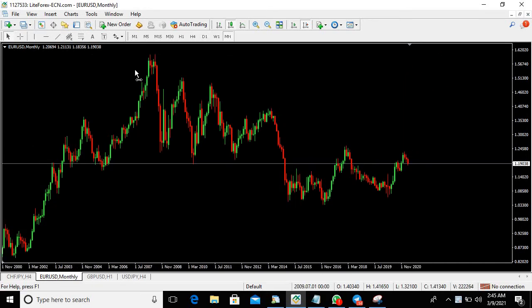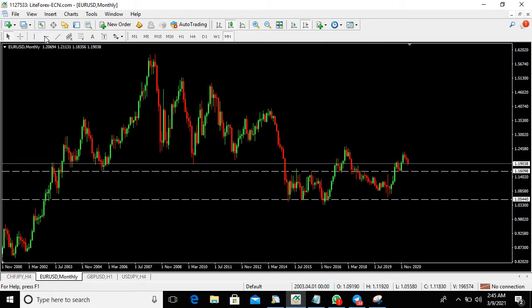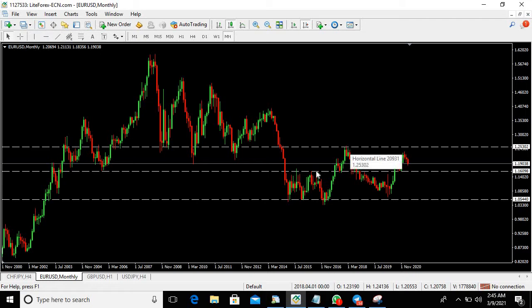So now, when you want to analyze a market, first of all, you have to start putting support and resistance in the bigger time frame so that you can find the levels. This is a zone.